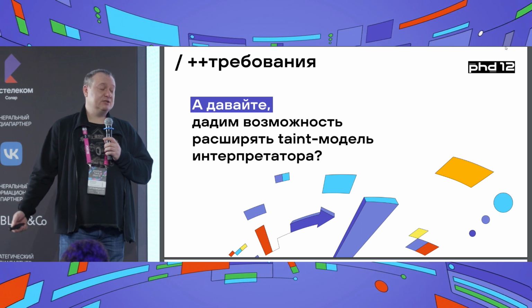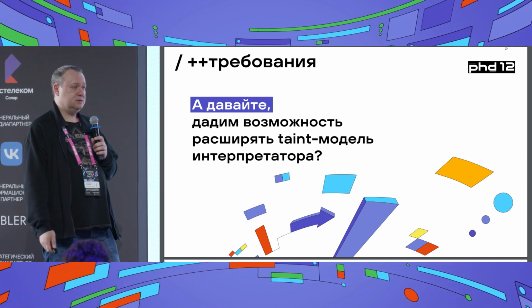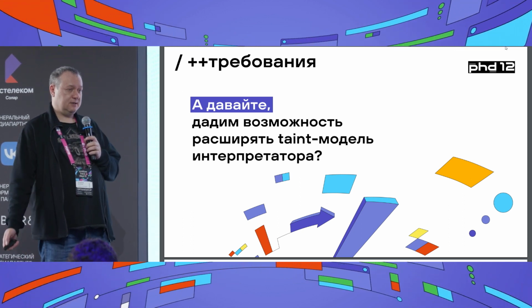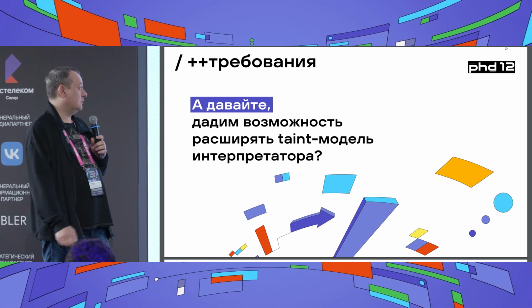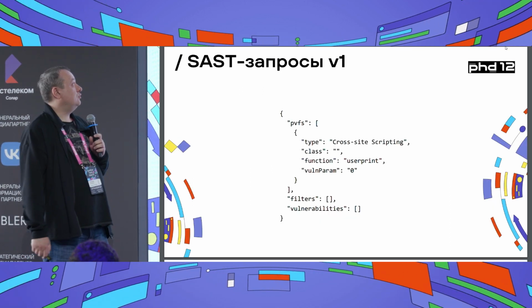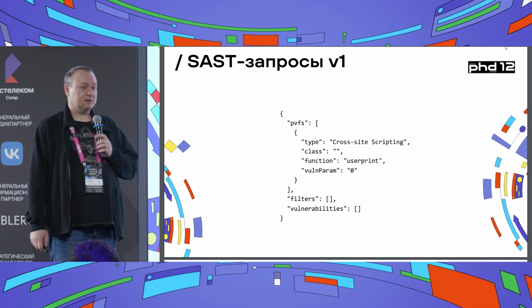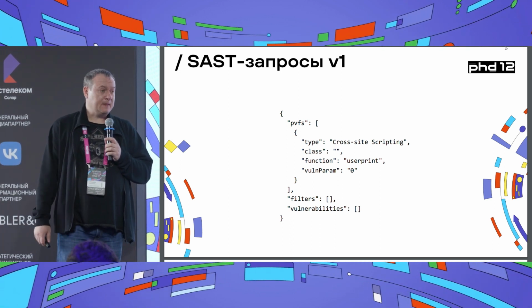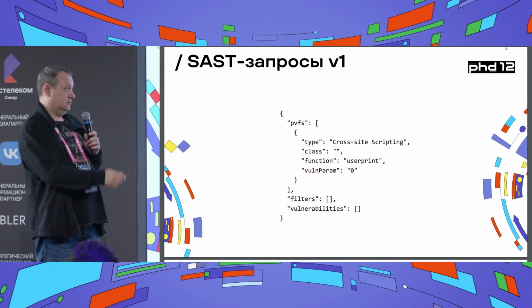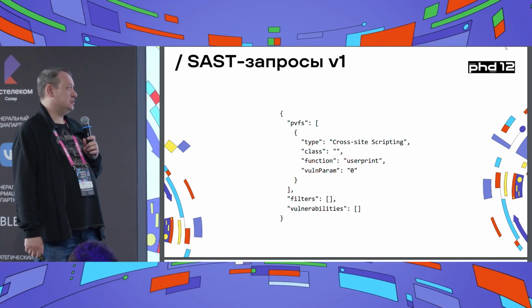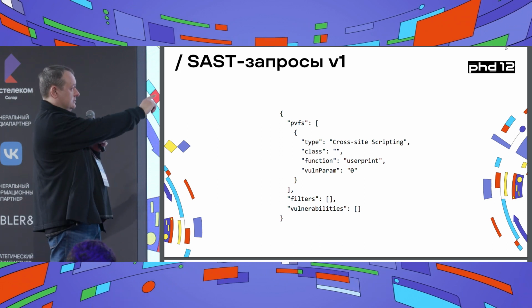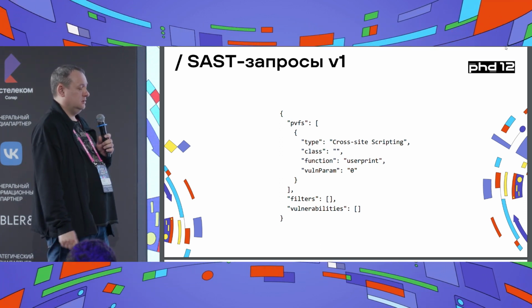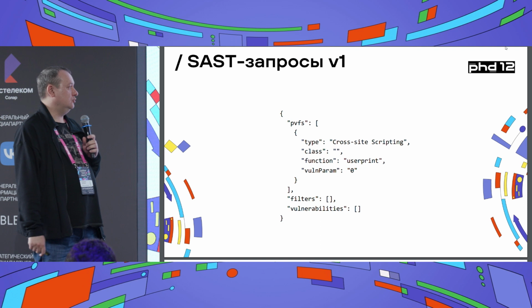The users wanted, without waiting for us, without waiting for a new release, fill in the knowledge base with their data. So we developed the SAST v1 language. It was in the product, it was used. It was rather primitive, JSON, a simple one. We can say that there is a user print function.